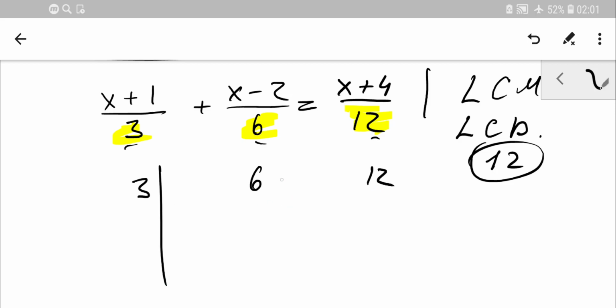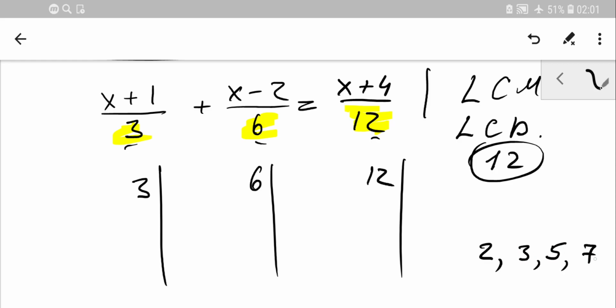Just remember, there might be prime numbers and there might be compound numbers. A prime number is a number starting from 2 which is divisible only by itself and by 1. For example, 2, 3, 5, 7, and so on.